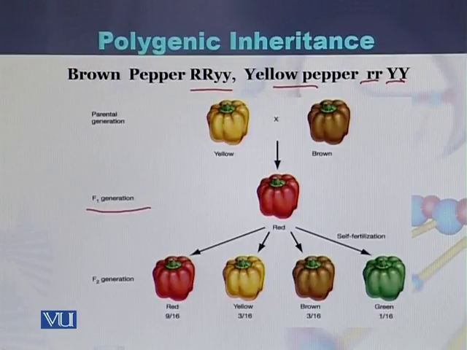As a result of a cross between the progeny of the F1 generation, there will be 4 different types of pepper: red, yellow, brown and green. The ratio between these 4 phenotypes will be 9 red, 3 yellow, 3 brown and 1 green. So a 9:3:3:1 ratio will appear.